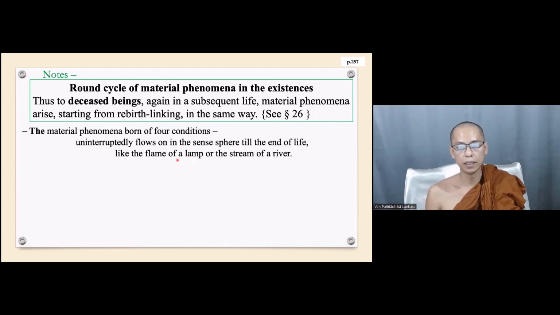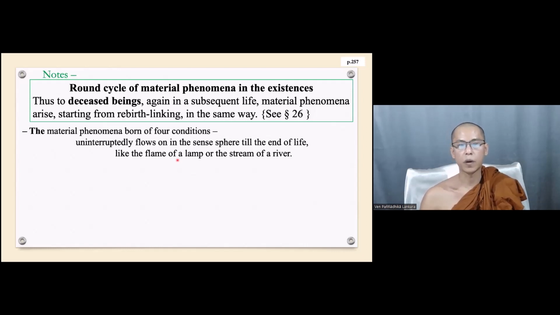But actually, in every moment, the materiality constituting the flame is being replaced. In the same way, the materialities in the process of our bodies are being replaced all the time, from the rebirth consciousness up to death.